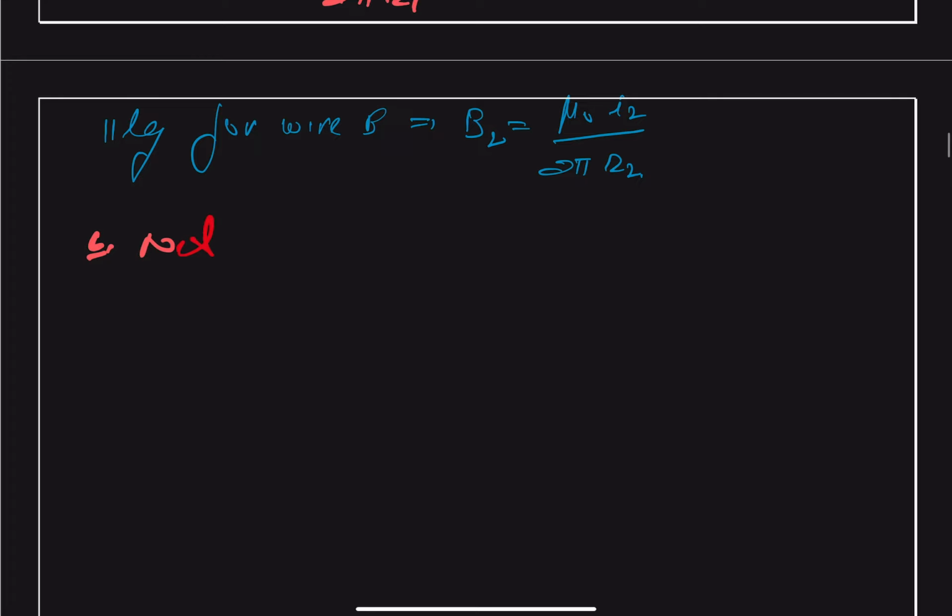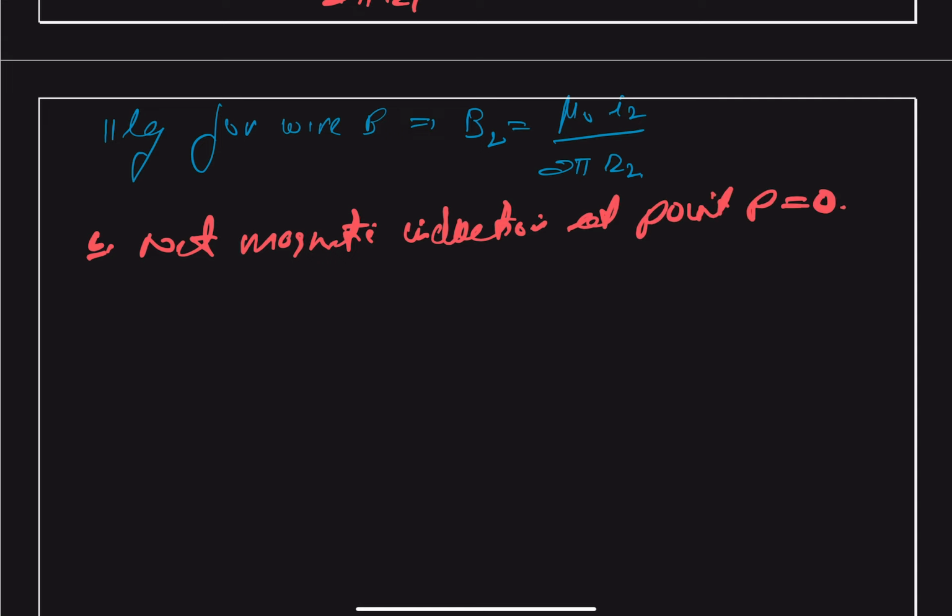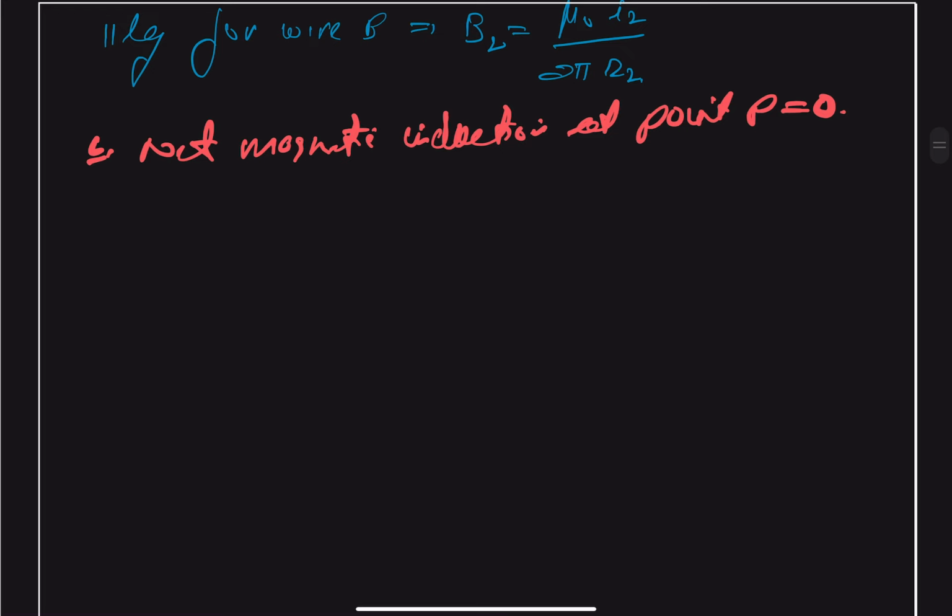Net magnetic induction at point P is 0. So therefore, we can write that B1 is equal to B2. We substitute the respective equations.